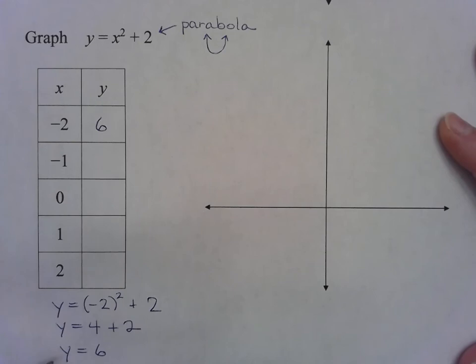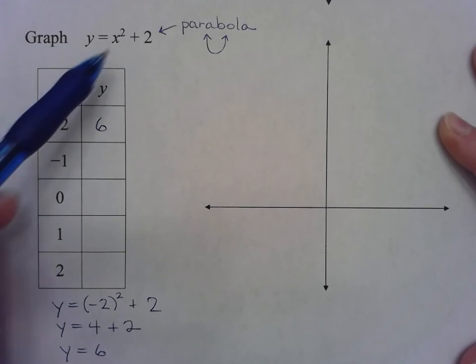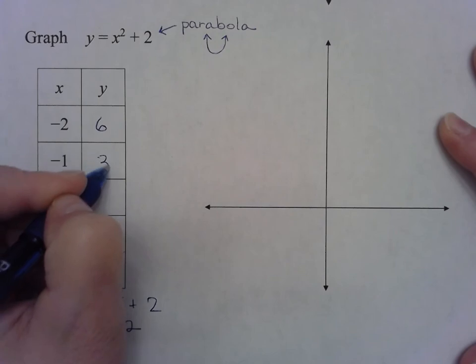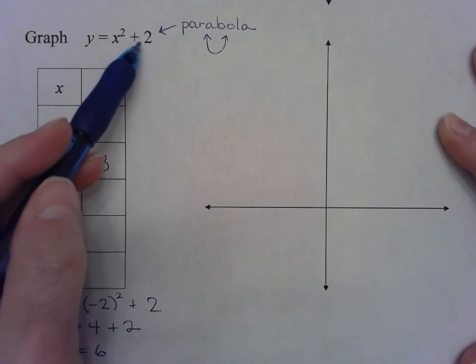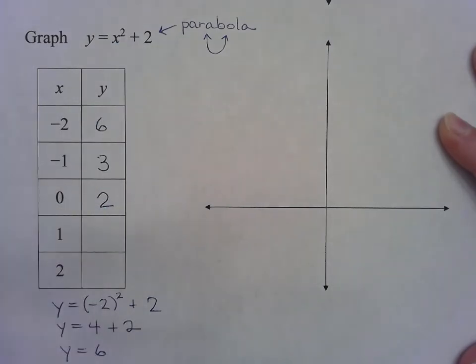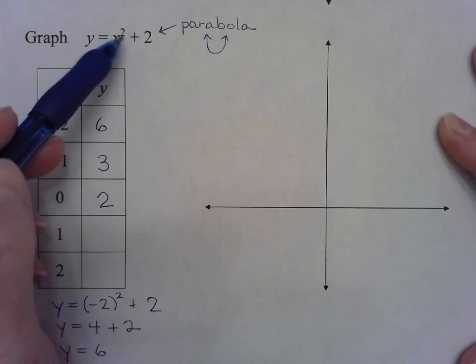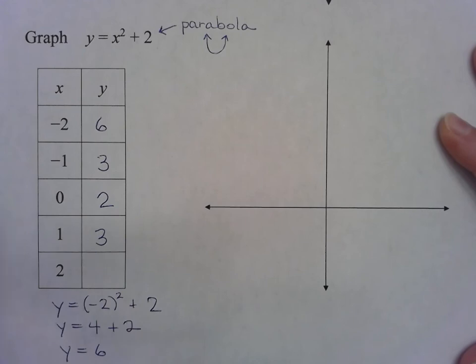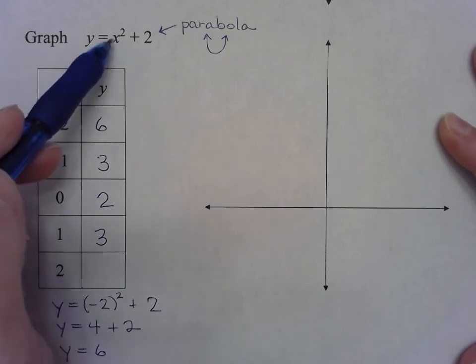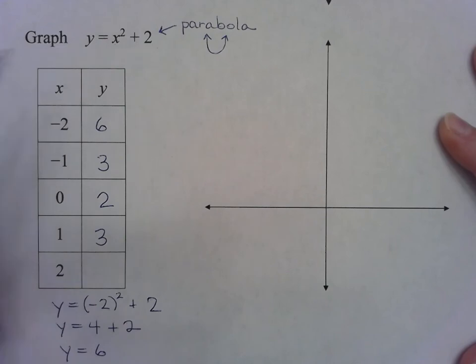Again, you're welcome to write that out, do it in your head, do it in your calculator, whatever your preference is. -1 squared would be 1. 1 plus 2 would be 3. 0 squared would be 0, plus 2 would be 2. 1 squared would be 1, plus 2 would be 3, and then 2 squared would be 4. 4 plus 2 gives us 6. We see some repeated values, and that's kind of based on the shape here.